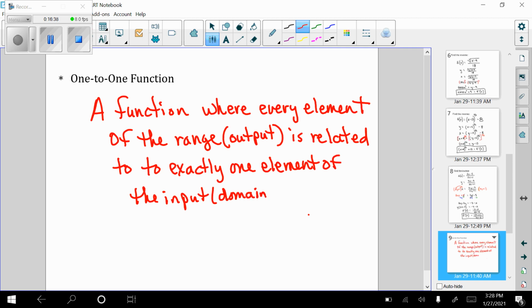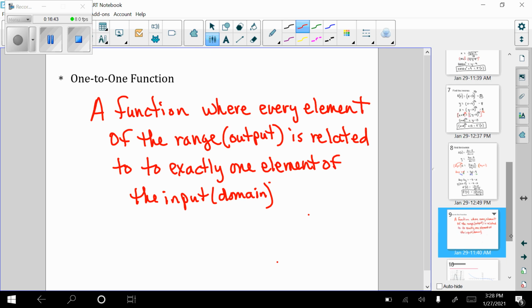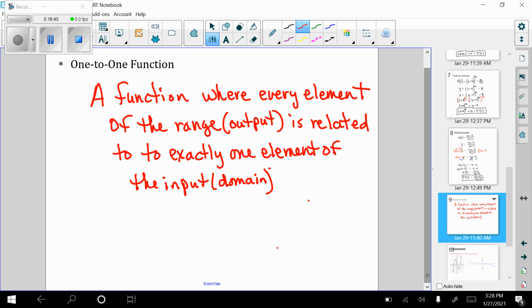So I kind of started with this when we started talking about that very first page of these notes where I gave you the T-chart with values. Okay, so if I have a domain and a range.